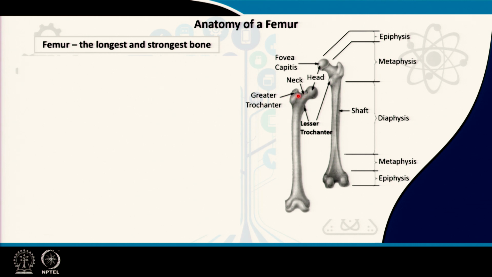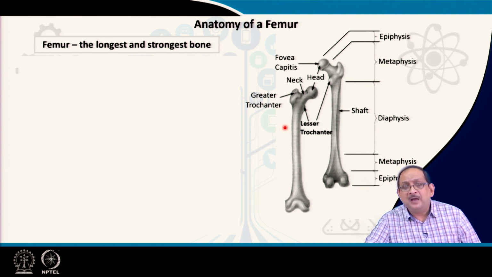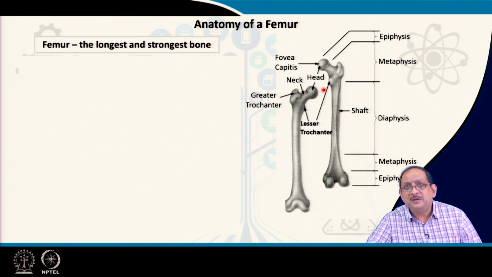Then we have two more bony landmarks known as the greater trochanter and the lesser trochanter, as shown in the figure.